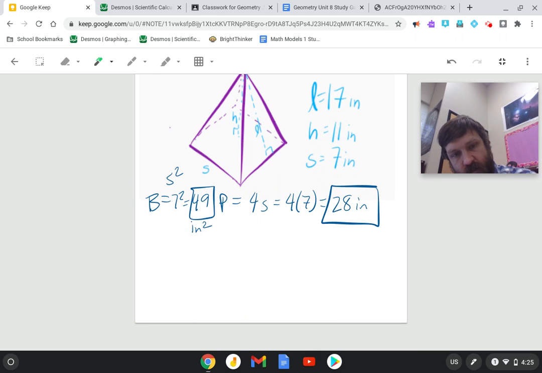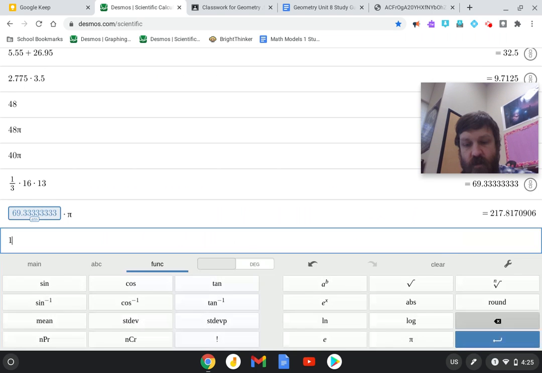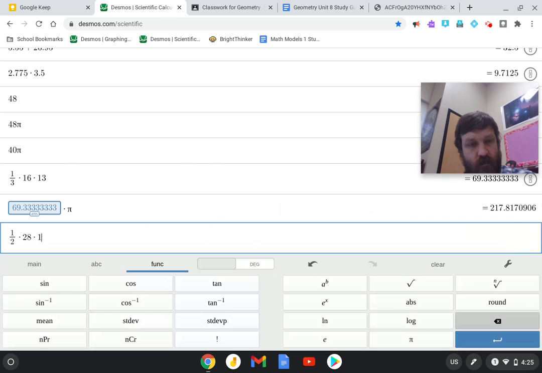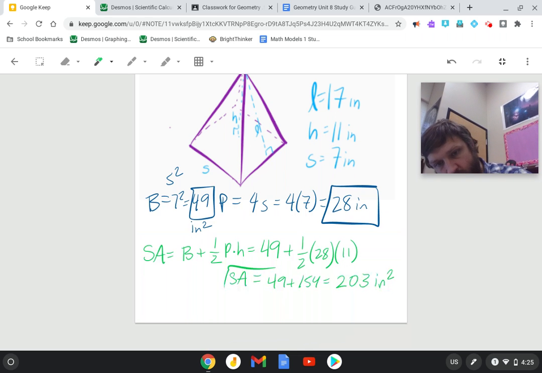Let's plug everything in. We get 49 plus 1/2 of 28 times the height, which is 11. 28 times 11 is 154. Add those together, and you get 203 inches squared. That's your surface area.